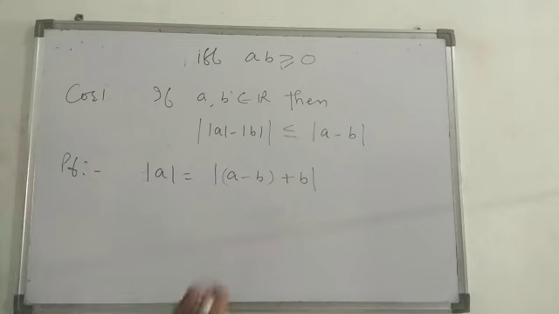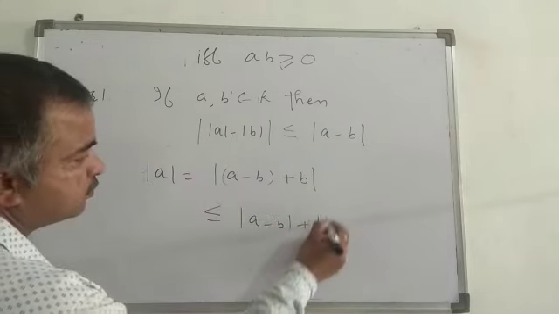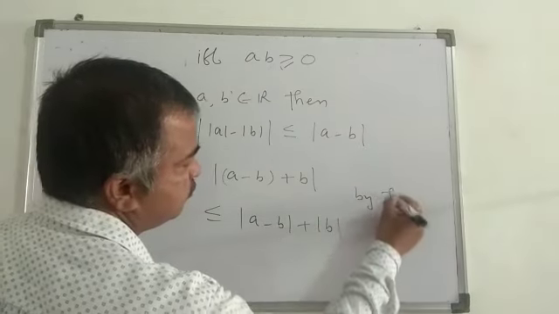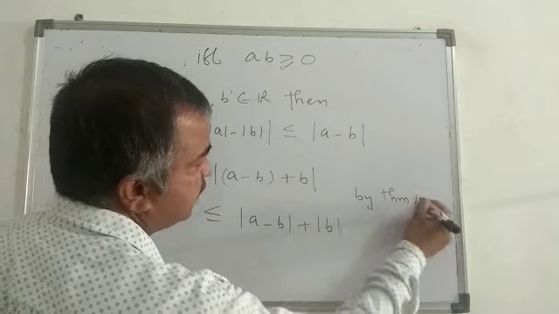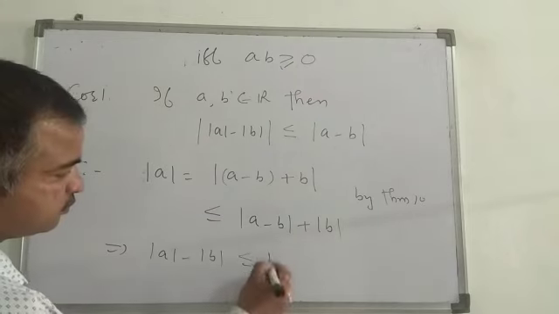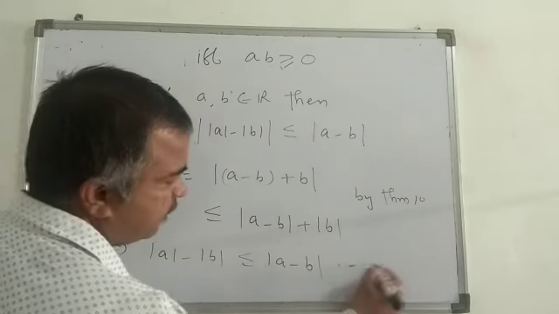So by the triangular inequality, this is less than or equal to |a - b| + |b|. Now subtracting |b| from both sides, so |a| - |b| is less than or equal to |a - b|. Let us call it inequality 1.